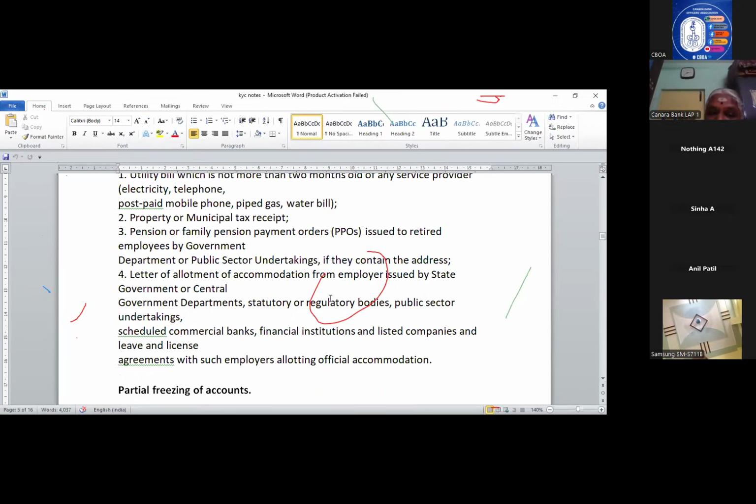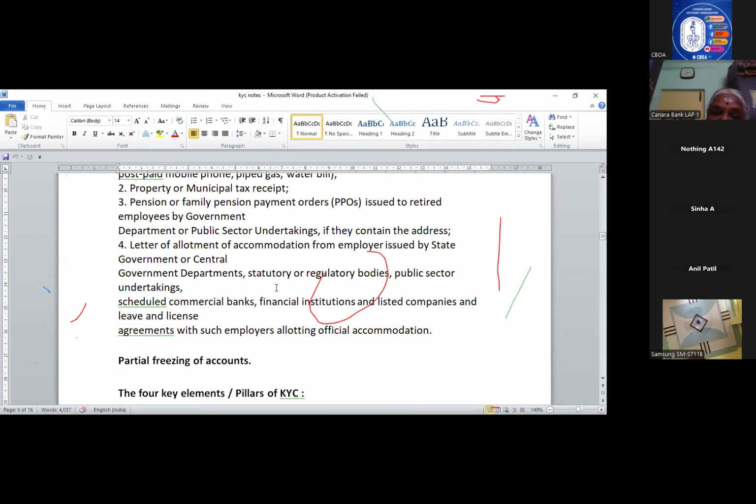It should be valid. And when they submit this, within 3 months they are supposed to submit a proper OVD. If they are not submitting the proper OVD, then partial freezing of the accounts will take place. First, they will open the account. First 3 months, they will wait. If they are not giving, then debits will be frozen. Then next 3 months, credits will be frozen.